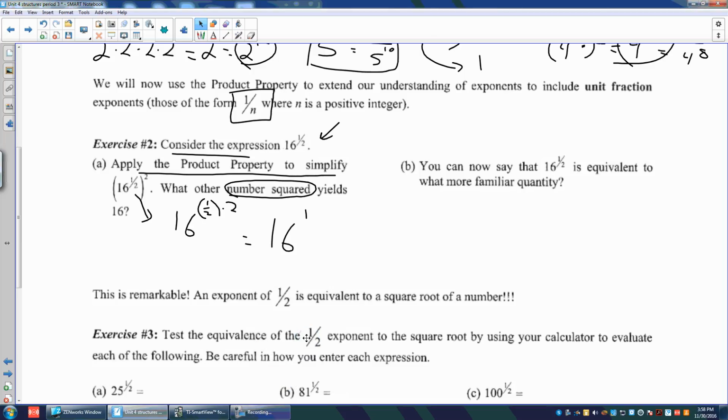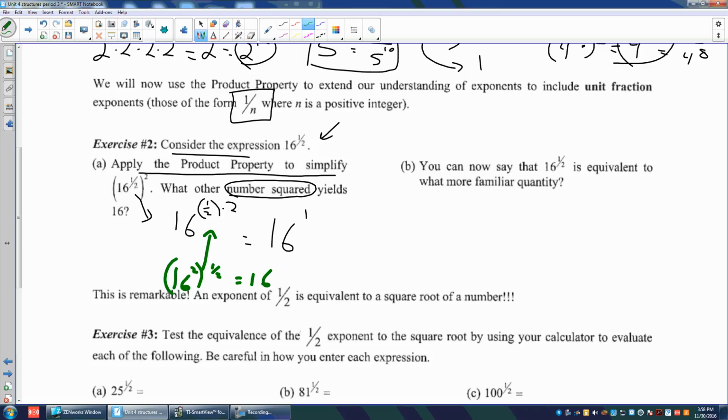So let's think about this a little more. Multiplication is commutative, so we could change the order. 16 squared to the 1/2 power is also 16. I mean, you know what 16 squared is, right? 196. Wow, 196 to the 1/2 power is 16.